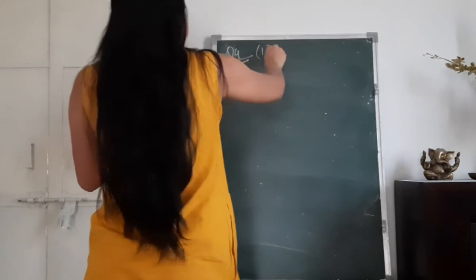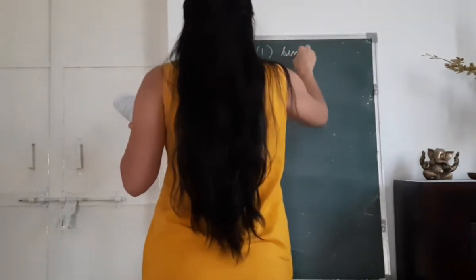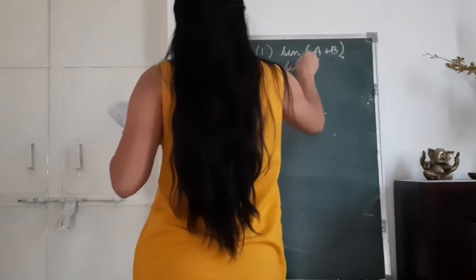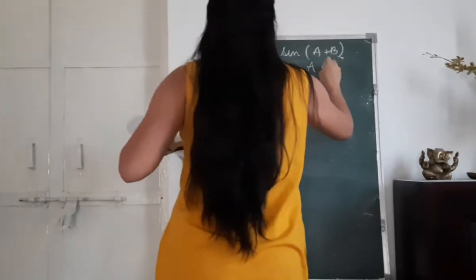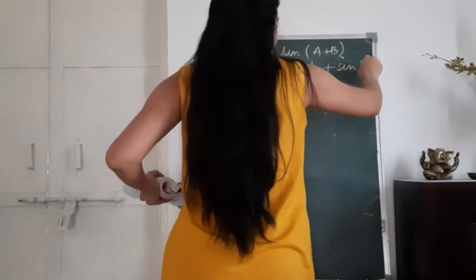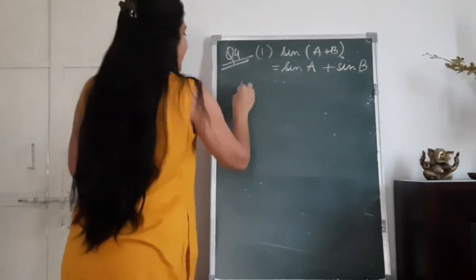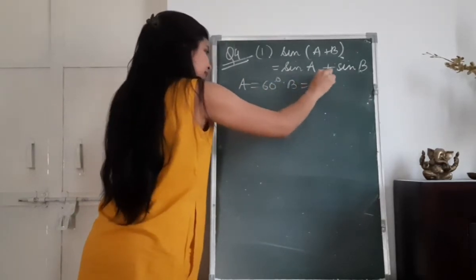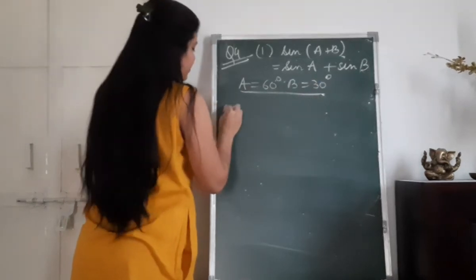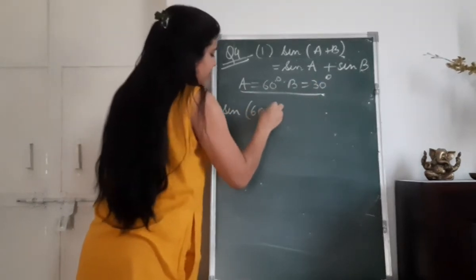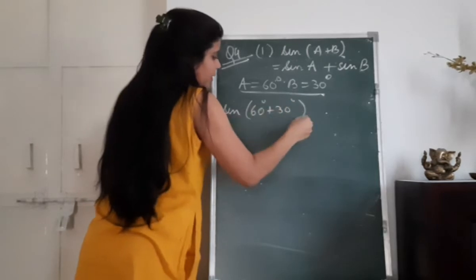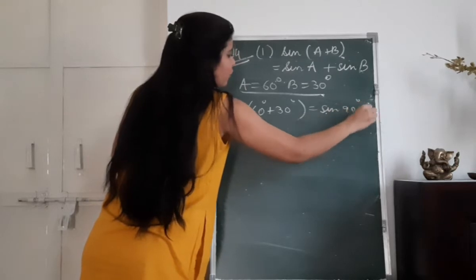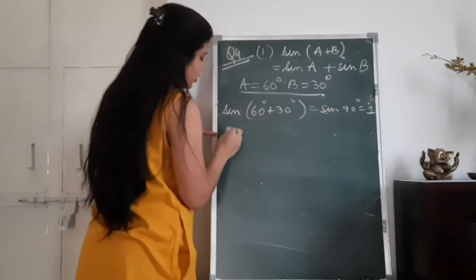First part is sin of A plus B is equal to sin A plus sin B. Let me take the value of A as 60 degree and B as 30 degree. Now, sin of 60 plus 30 degree becomes sin 90 degree, which is equal to 1. So this is the LHS.